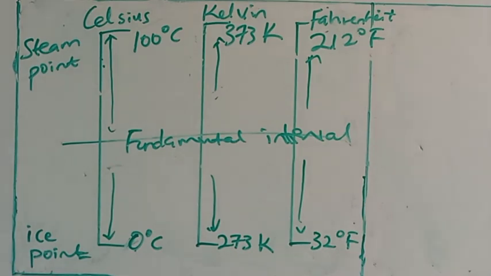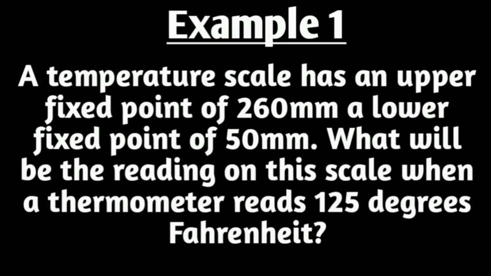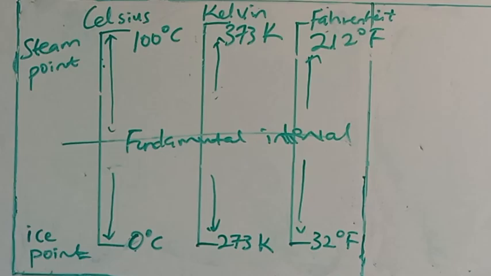The first one: a temperature scale has an upper fixed point of 260 millimeters and a lower fixed point of 50 millimeters. What will be the reading on this scale when a thermometer reads 125 degrees Fahrenheit?